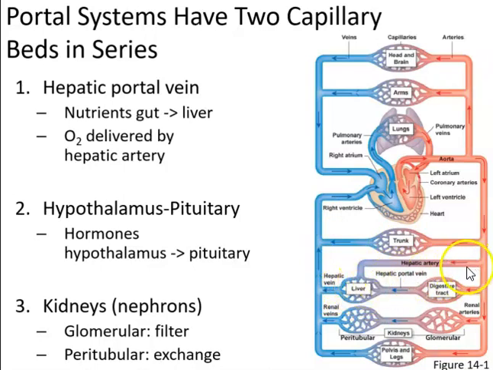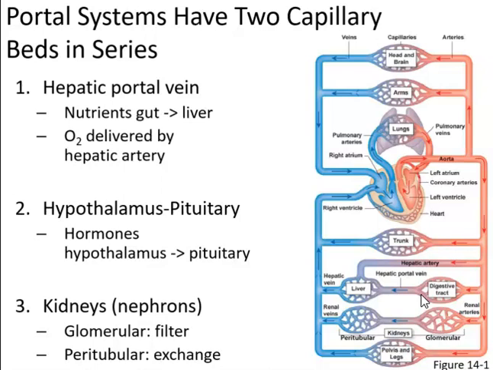And here is the hepatic artery, which actually provides oxygenated blood to the liver. So oxygen is delivered to the liver by the hepatic artery. The hepatic artery being a branch of the celiac trunk, one of those first structures off the abdominal aorta. Anyways, so hepatic portal system, again, having that two capillary bed system in series back to back.